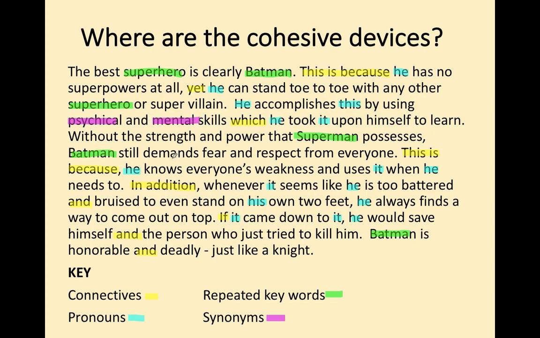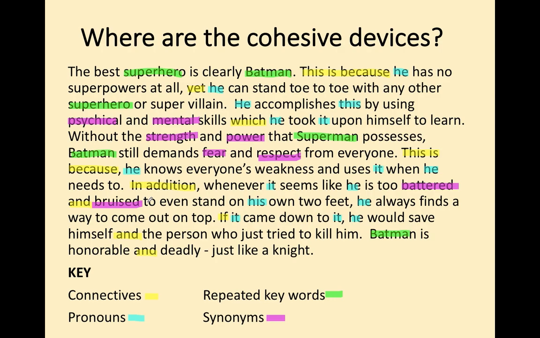So two different types of skills rather than repeating the same one. We've got strength and power, so kind of both things, but rather than saying the same thing again, we've got two different words. Fear and respect, again, the same thing. And down here we've got battered and bruised. So again, two different words to describe it.